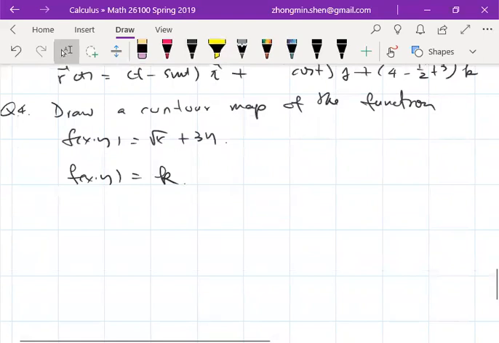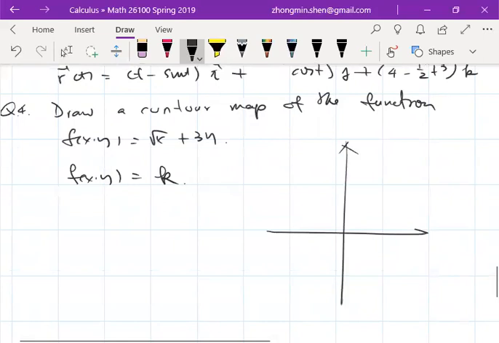So when you look at this equation, that means square root of x plus 3y equals k. How to draw the graph? It's y equals negative 1/3 square root of x, and plus k over 3.